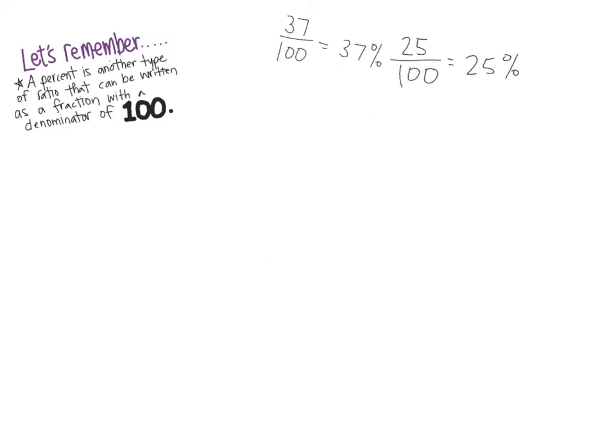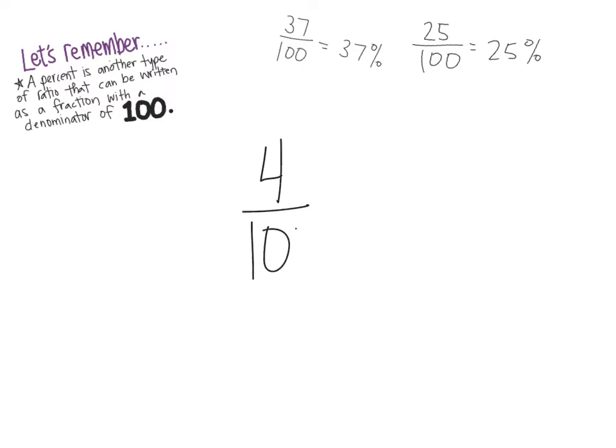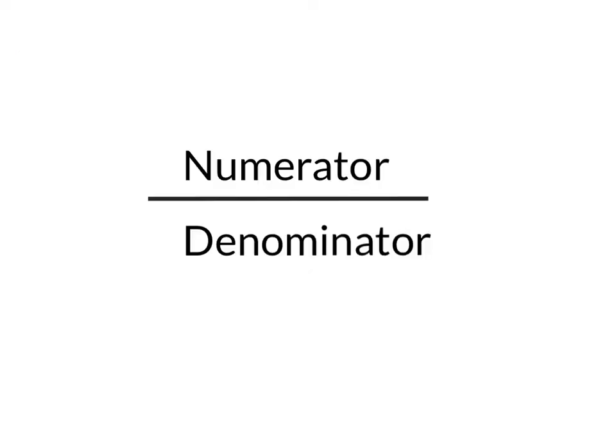We could have another example and say 4 over 100 is equal to 4%. Now we could go on and on and on with these because any number over 100 is going to give you that percent. Let's break down even further what this means in terms of fractional relationships.